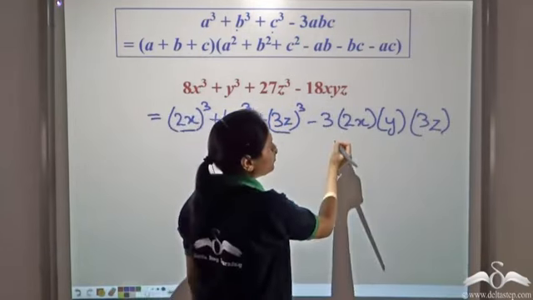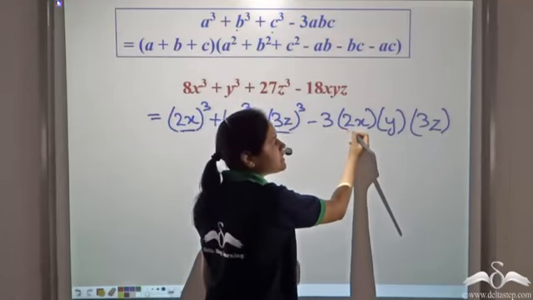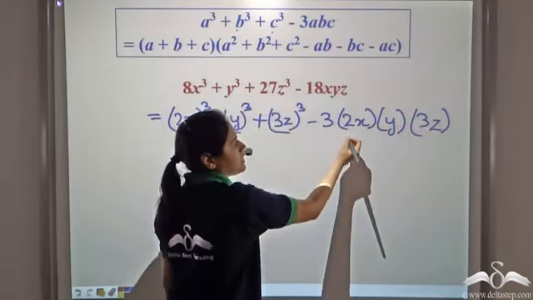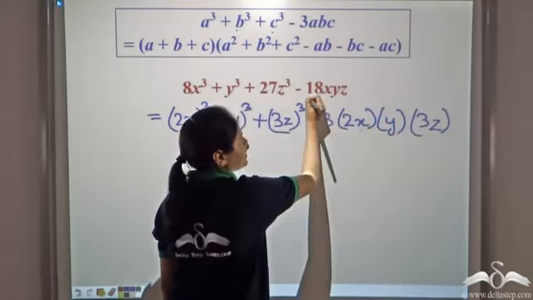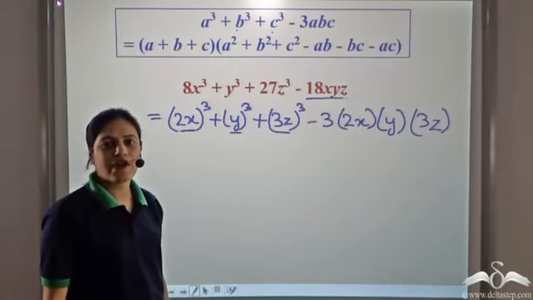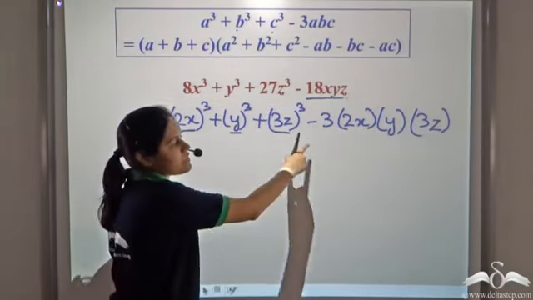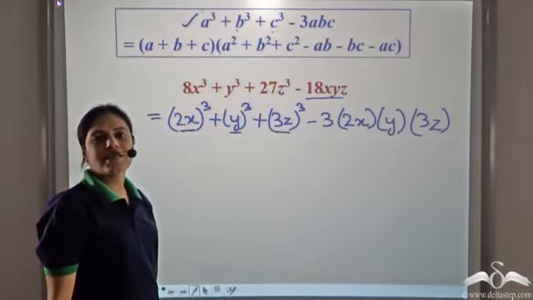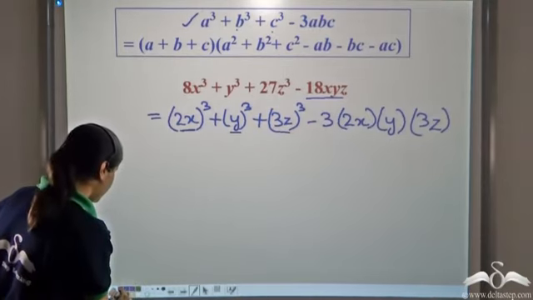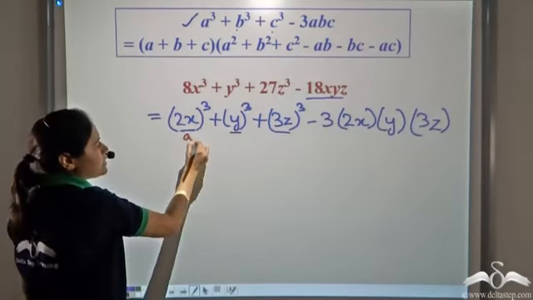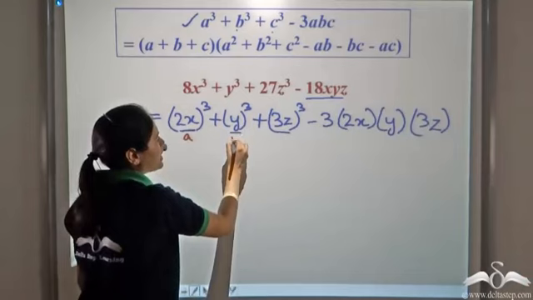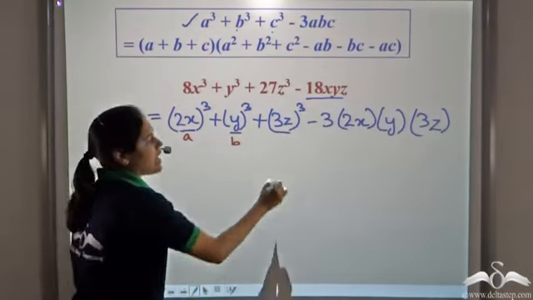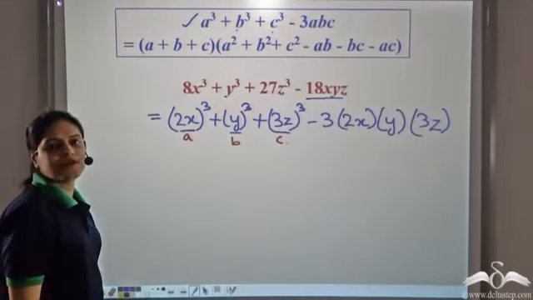This is equal to 3 into 2 is 6. 6 into 3 is 18. 18xyz, which is exactly what we have here. So this expression can be compared to the left hand side of this identity. Here 2x is a, y is b, and 3z is c.